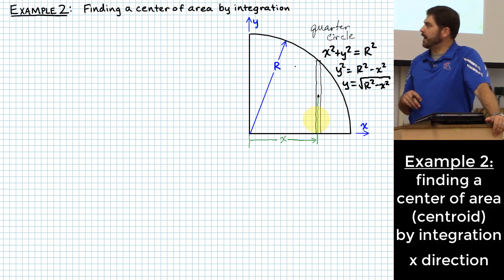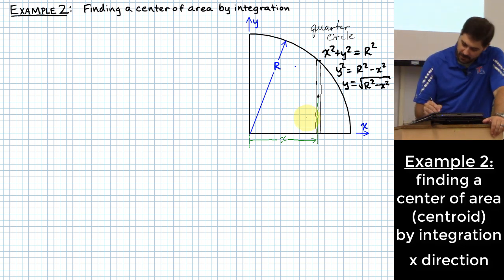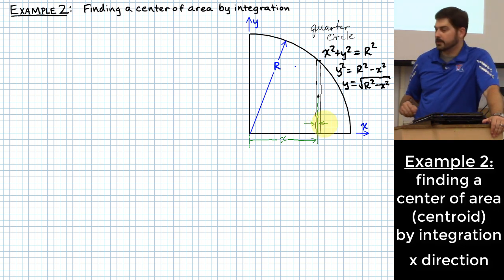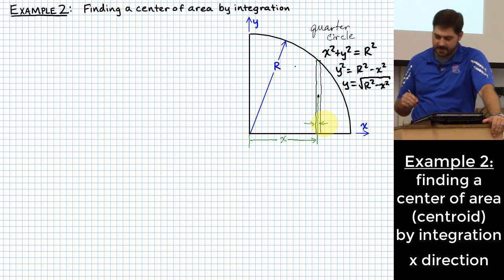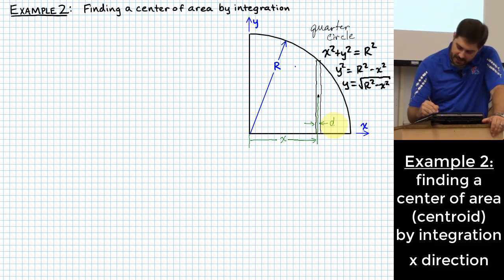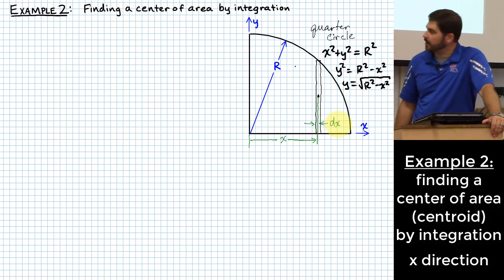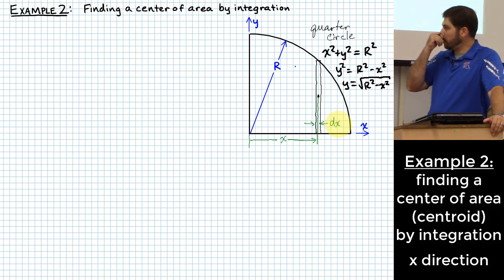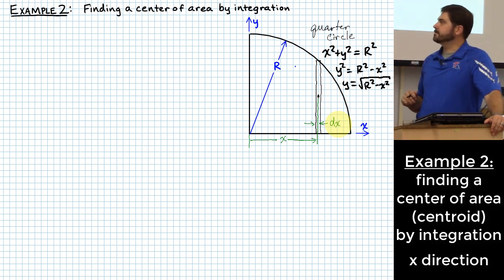Even more handy is what if we make this narrower than a finite size and say this is a tiny little width of dx.